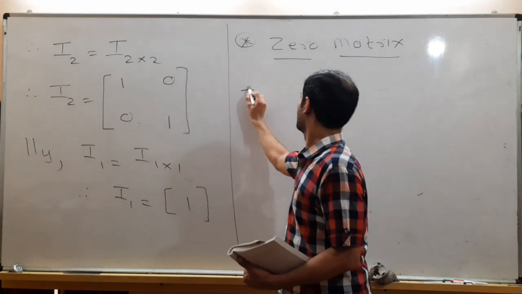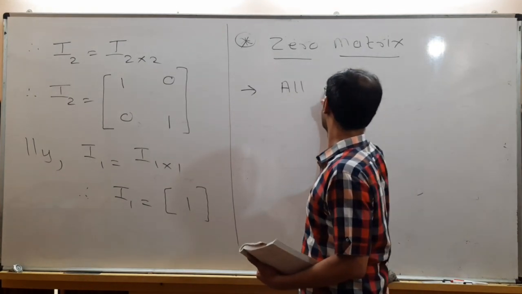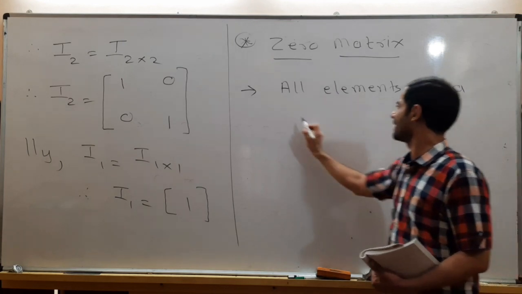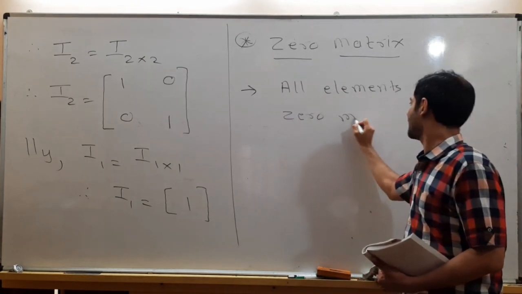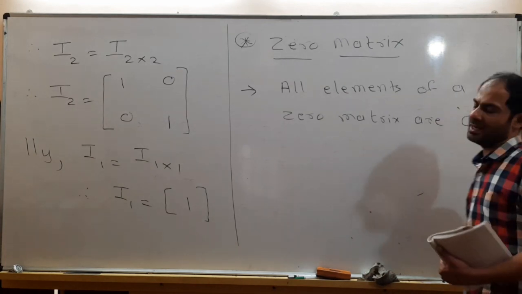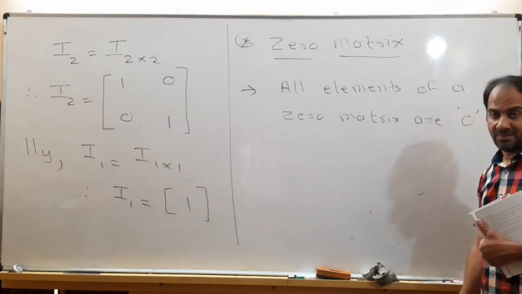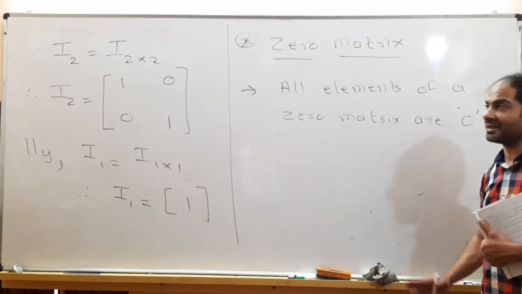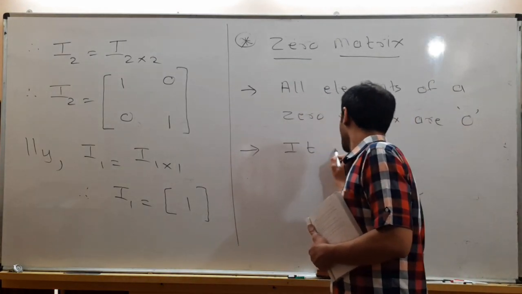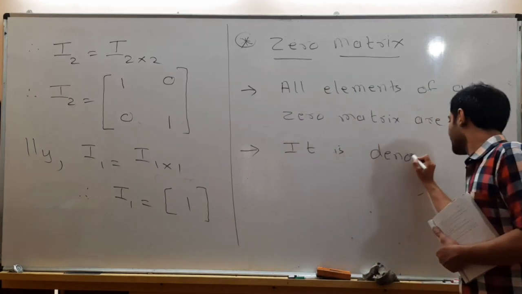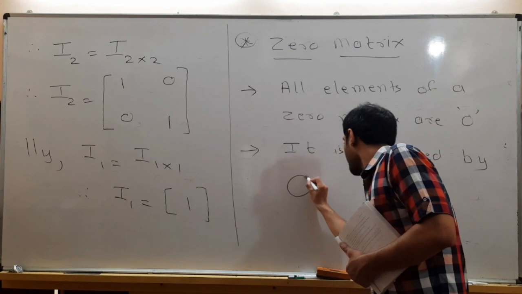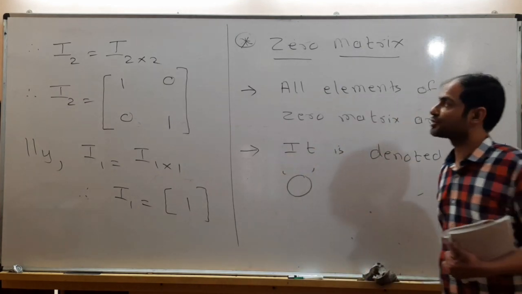So all elements of a zero matrix are 0. It is denoted by O.